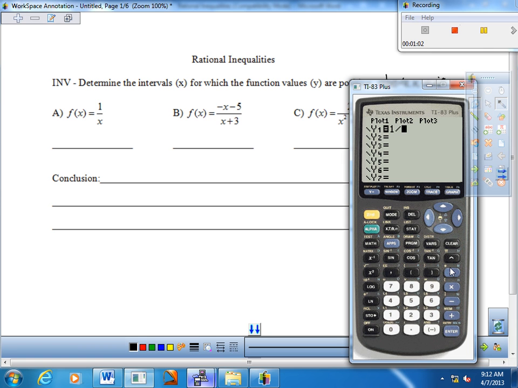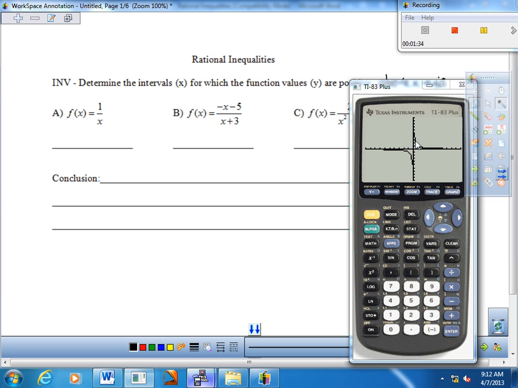All right, so let's go for it. Everyone type in just 1 divided by x, the most basic rational function out there. I'm going to hit zoom in number 6, and we get our nice looking hyperbola. Two branches, and it looks like this branch of the hyperbola, to the left of 0, seems to be below the x-axis.